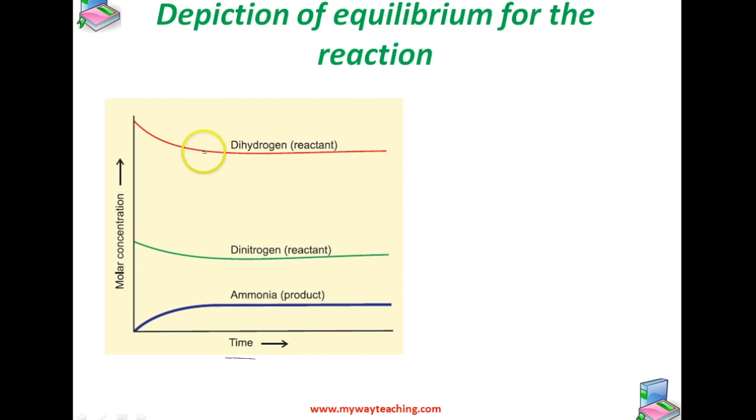I will write N2 plus 3H2 to 2NH3. Okay, so N2, H2, NH3.